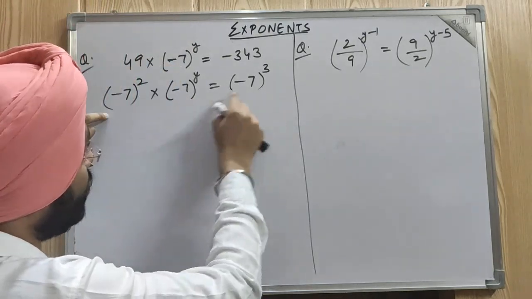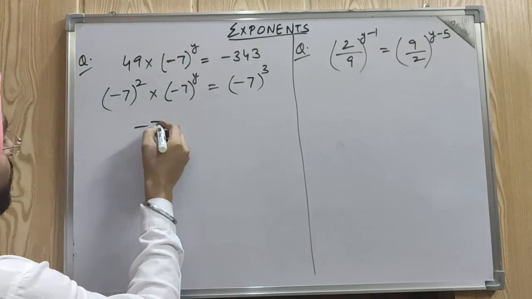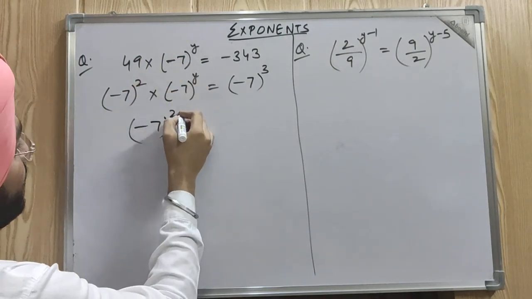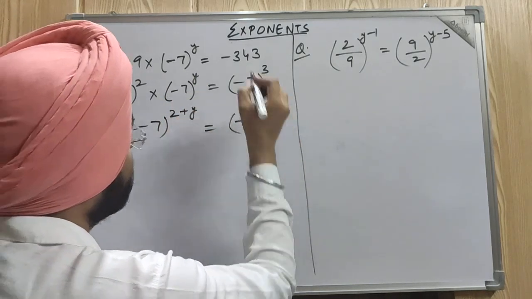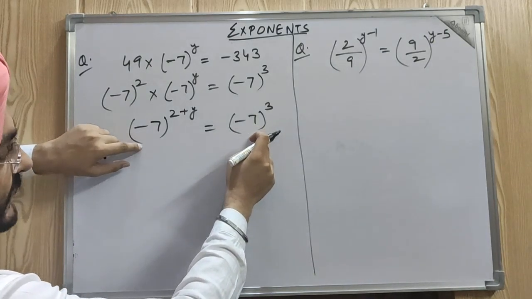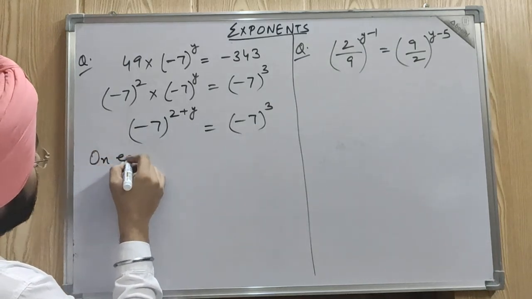So I have to take all these with the negative signs only. So what I can say here? These are multiplied, same base, powers will be added. So I will be left with 2 plus y here. Same the condition here. The same thing: we are having the equal to sign, bases are same. It means the exponents are also same here. On equating the powers.